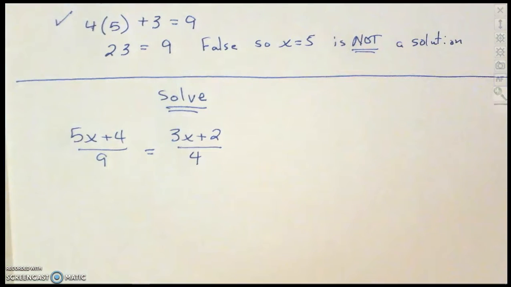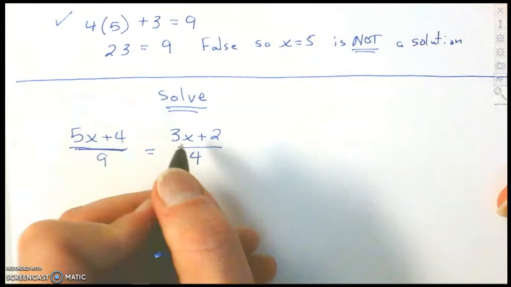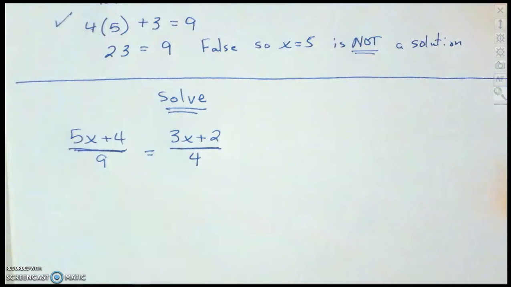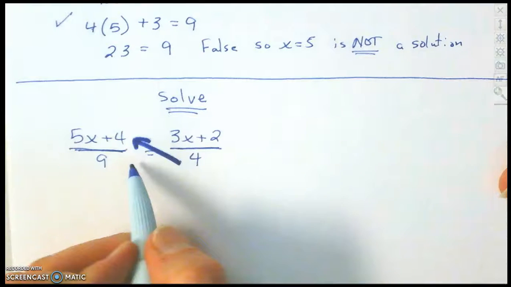So if I gave you this equation to solve, this has fractions in it, and we notice that both sides contain fractions, right? And it's a fraction equaling another fraction. And everything on the left is under one fraction bar, and everything on the right is under another fraction bar. So the technique that we can use to solve this equation is we can cross multiply.